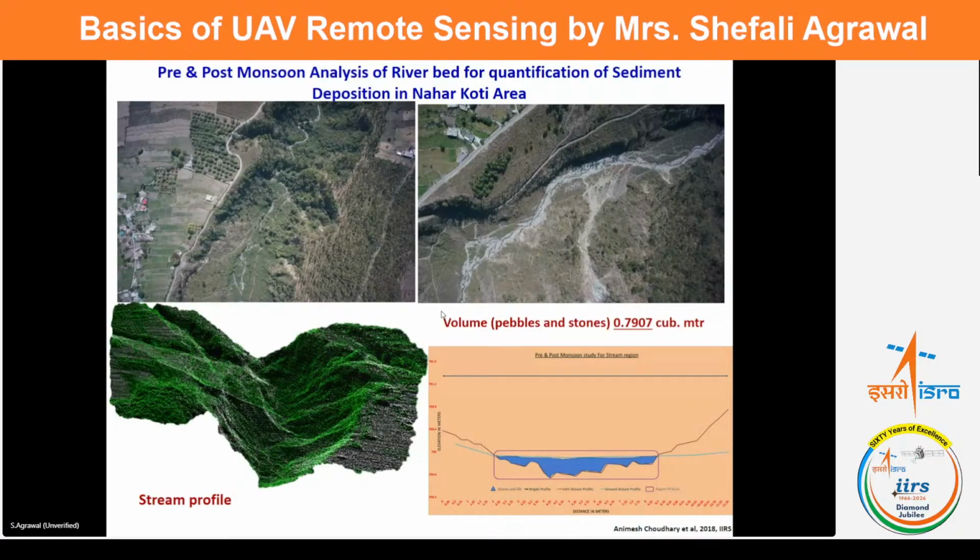So this was one exercise done to quantify the sediment deposition in a small, seasonal river, before the monsoon and after the monsoon, how much was the deposition of the sediment. This can be precisely done with drones, where it is not possible with space-based observations because of the spatial resolution. So it requires a very, very high spatial resolution.